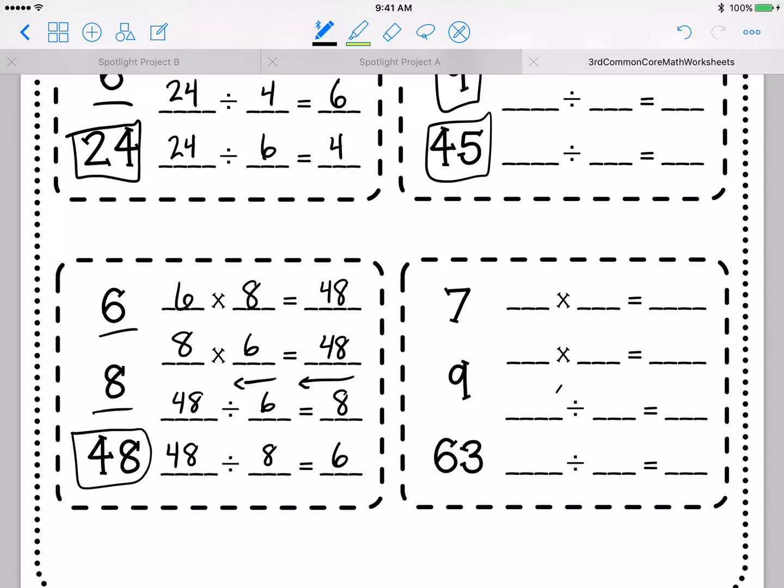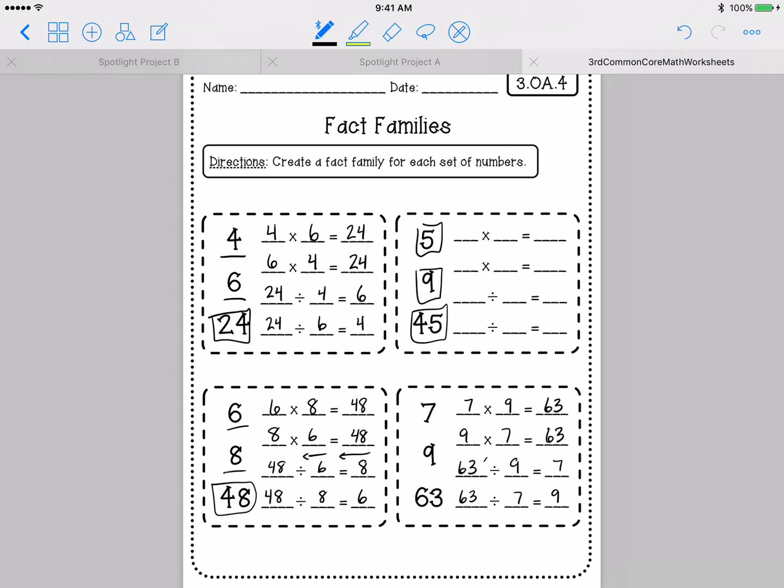You all can do this one on your own. Once you get that, you're going to go on to the next page.